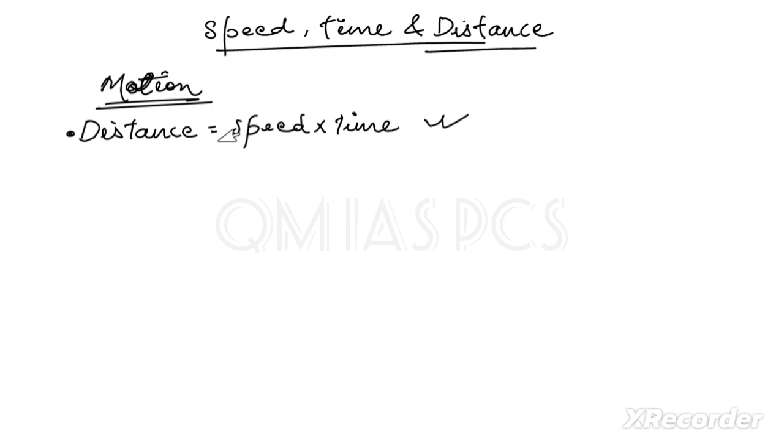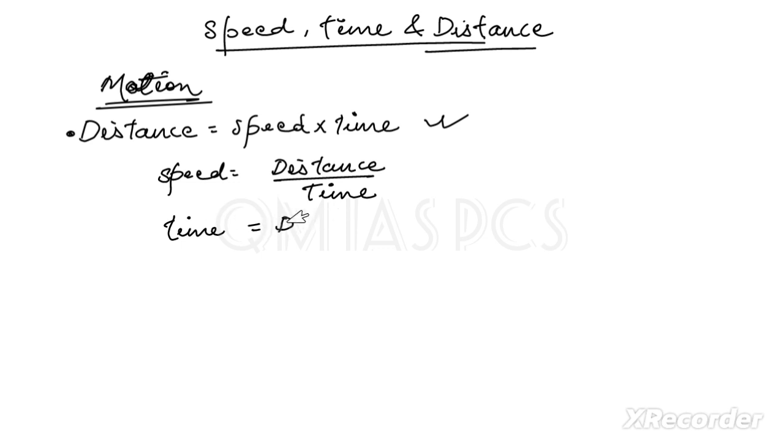Based on this one, we can derive two more formulas. Speed is equal to what? Distance divided by time. You all know this one. Or what is the formula of time? It will be distance divided by speed. Both formulas can be derived from the first formula.